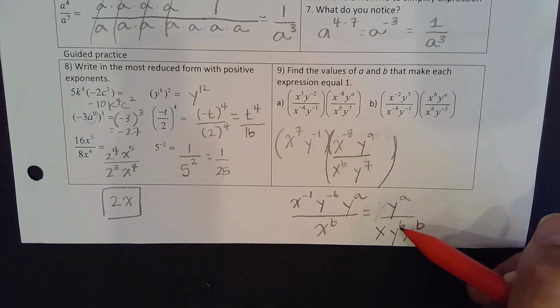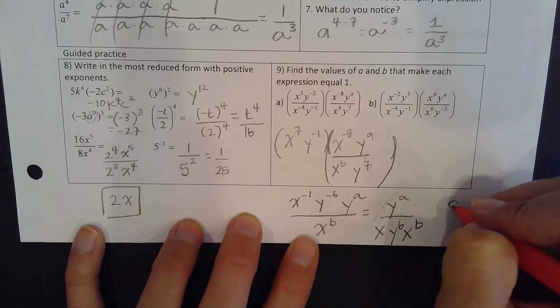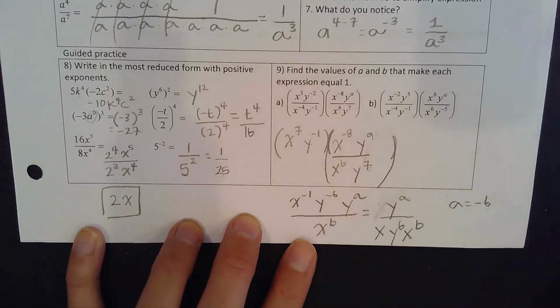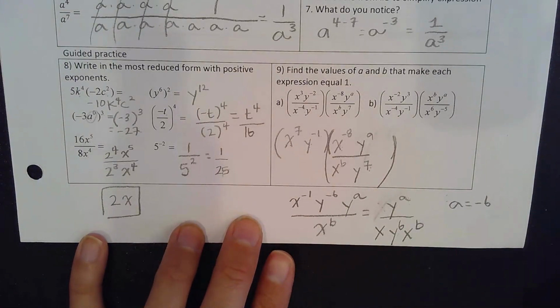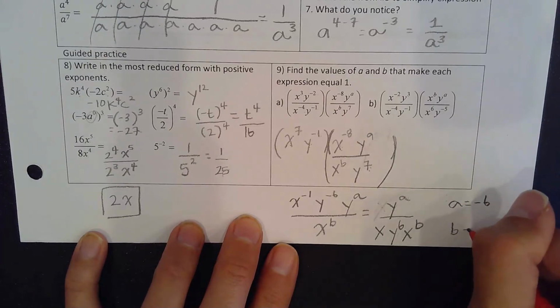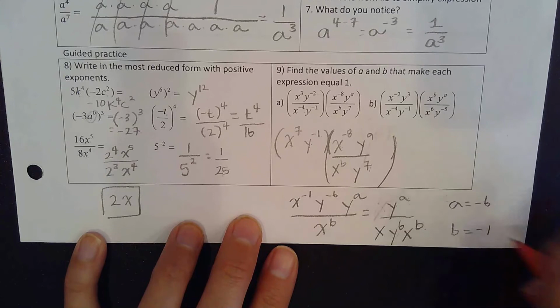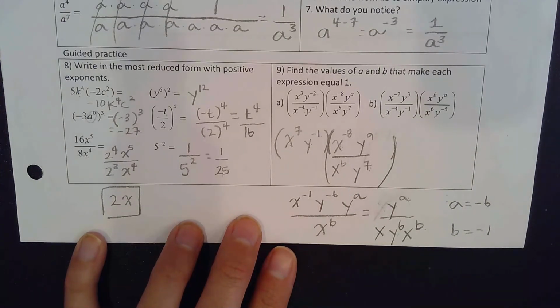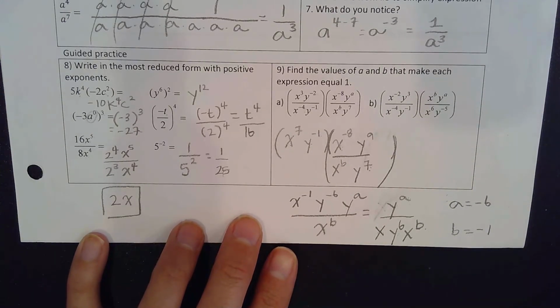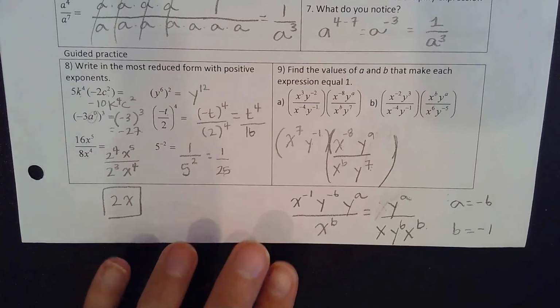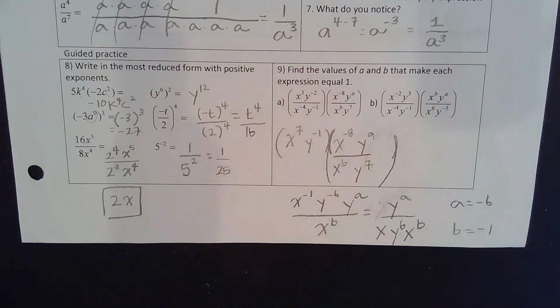So a would need to be equal to a negative 6, right? What would b need to be equal to? A negative 1. Okay, I want y'all to try to do b for me.